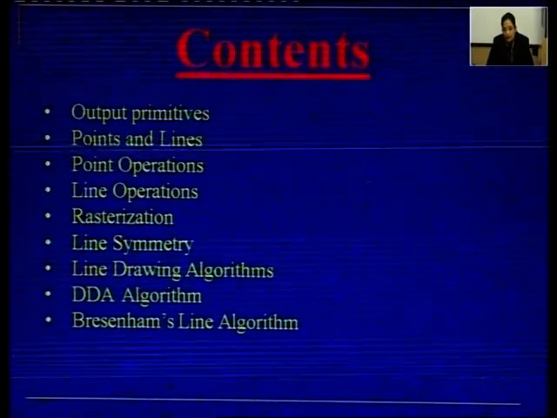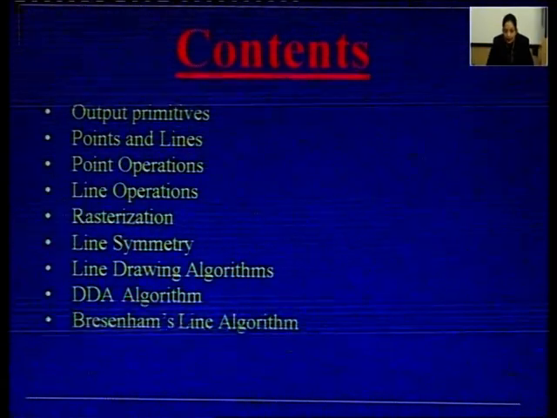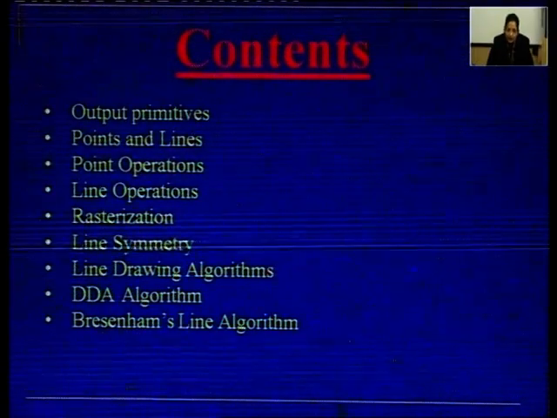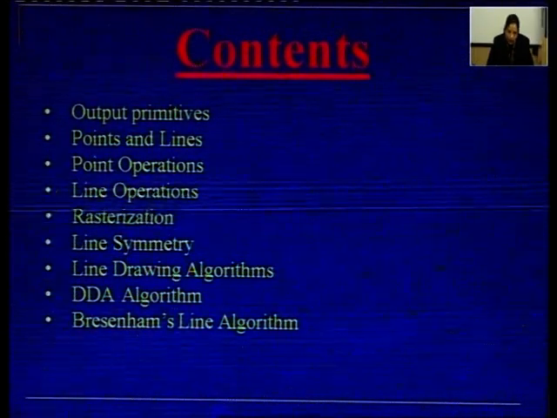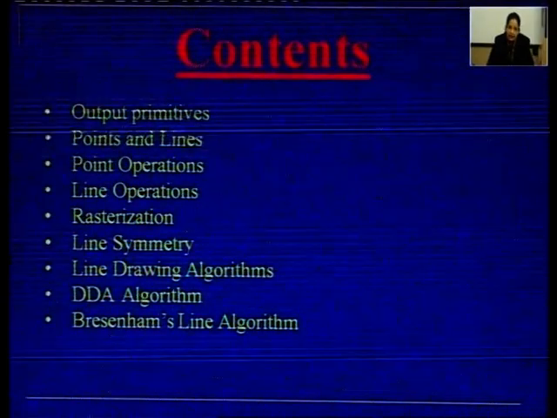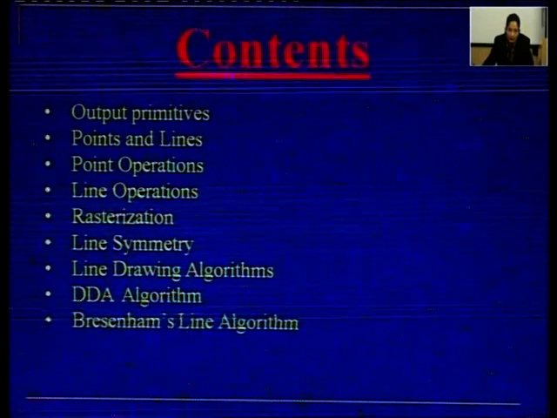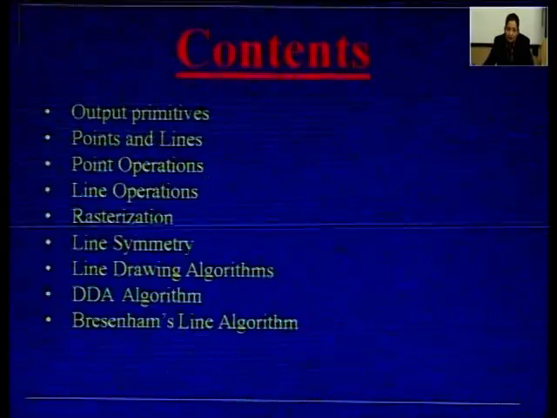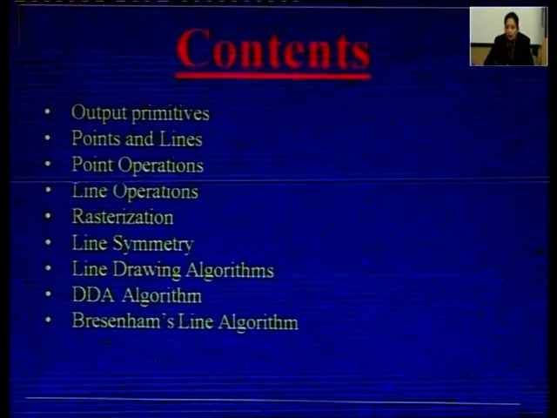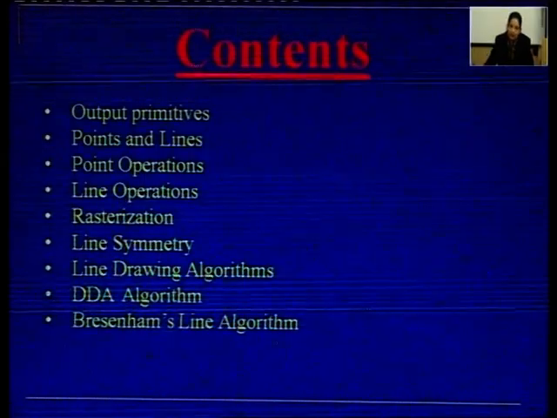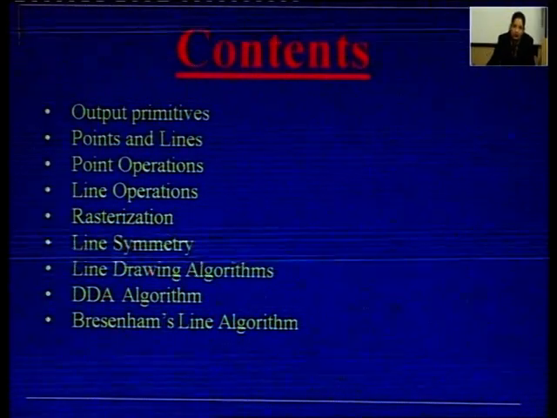This machine's idea is used in developing the digital differential analyzer algorithm, which is used to draw straight lines. Then there is another algorithm, the Bresenham line algorithm, which involves only incremental calculations. There is no multiplication in this algorithm, and there are no floating point or round-off operations. So this is the fastest method of line drawing.